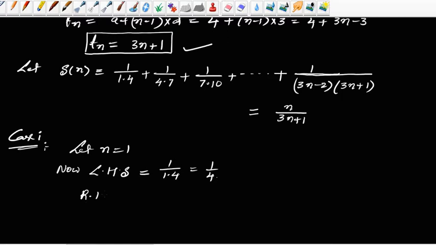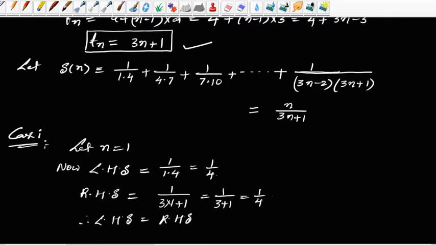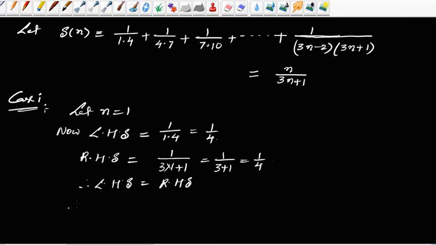Now the RHS: put n is equal to 1 in the RHS, 1 by 3 into 1 plus 1, that is 1 by 4. So we get both LHS and RHS equal. Therefore, S of 1 is true.